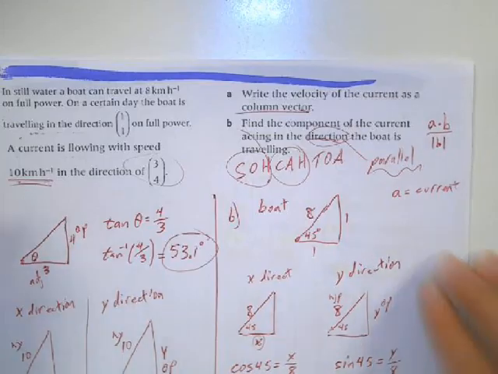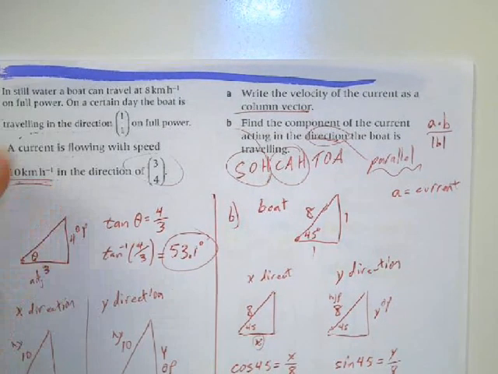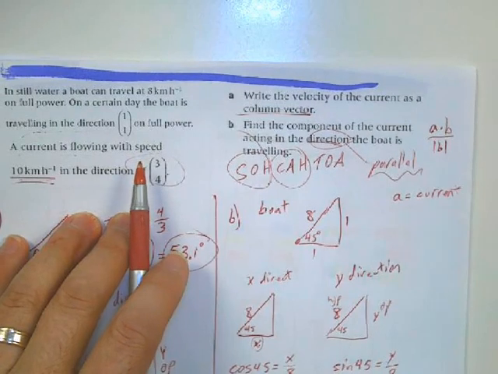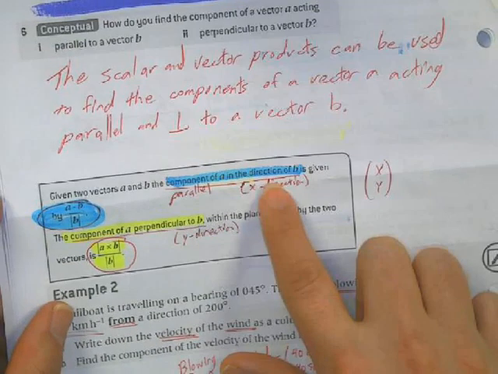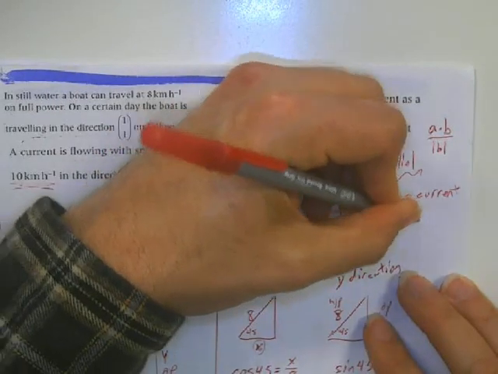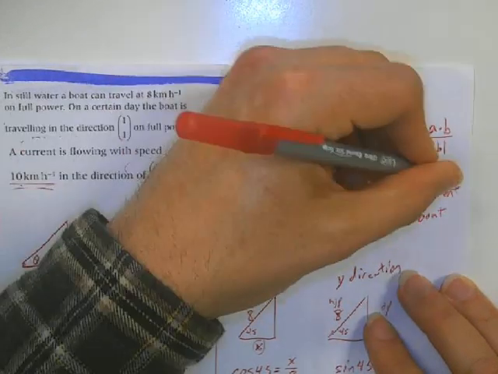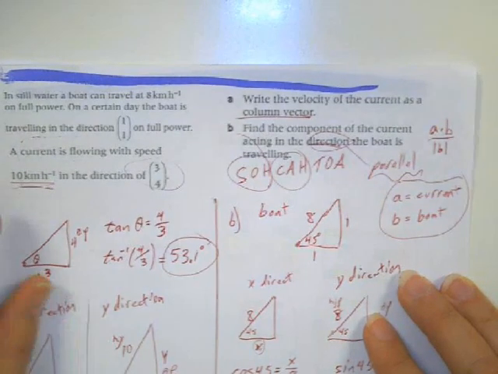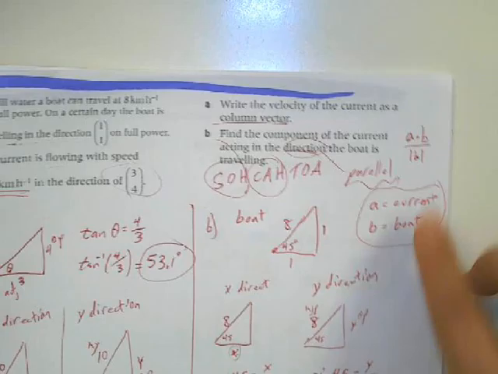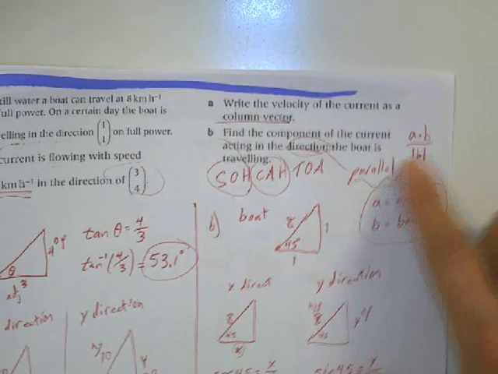Find the component of the current acting in the direction of the boat, in the direction of B. So B is equal to the boat. This process is so important. Oh my gosh. Okay, so I need to figure out the magnitude of B and the dot product of the two, and then we're good.